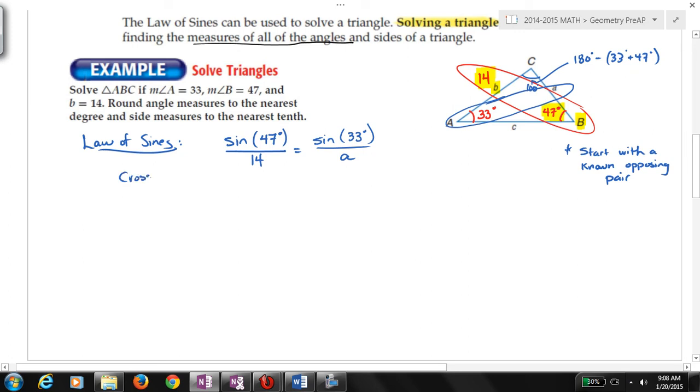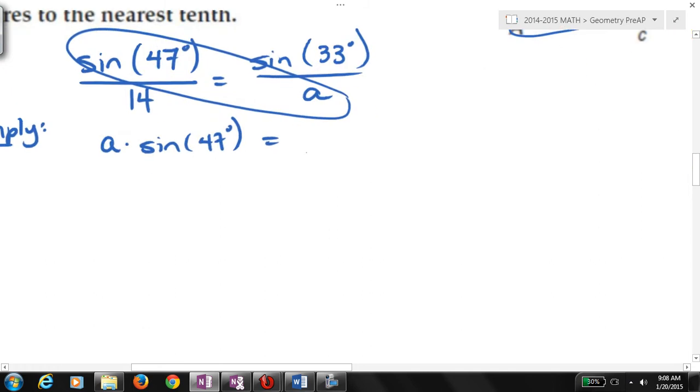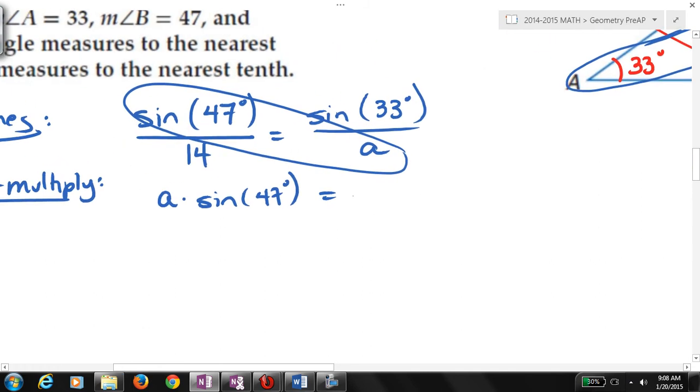Now let's cross multiply to go ahead and solve this right here. I usually start cross multiplying the one with the variable. A times sine of 47 degrees is equivalent to, let's go ahead and zoom in, 14 times sine of 33 degrees.